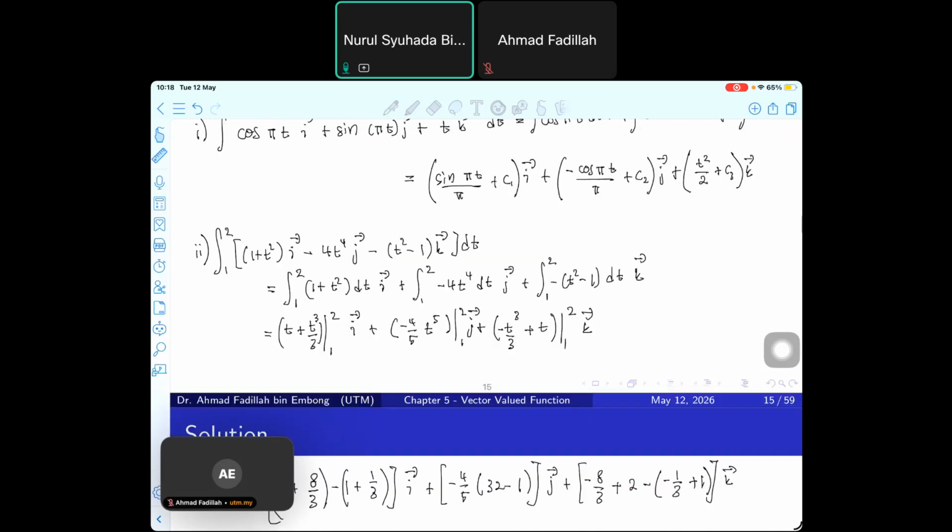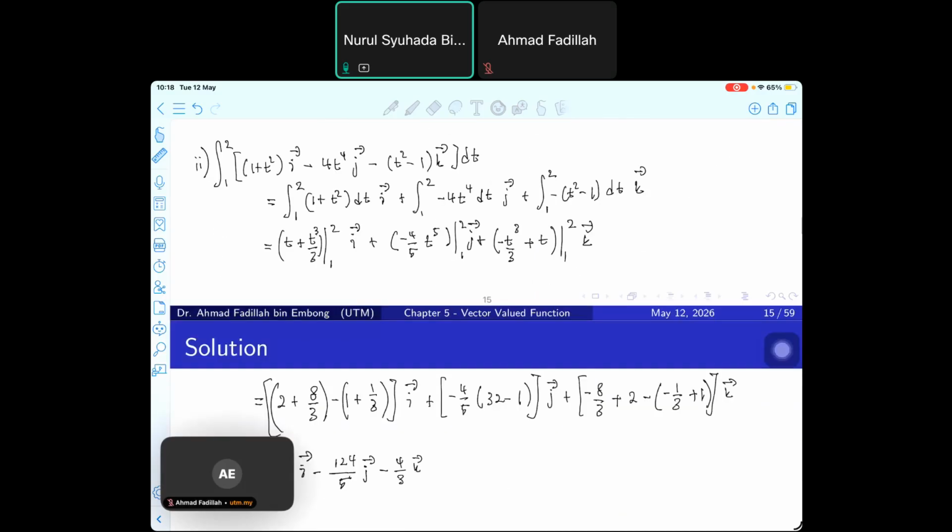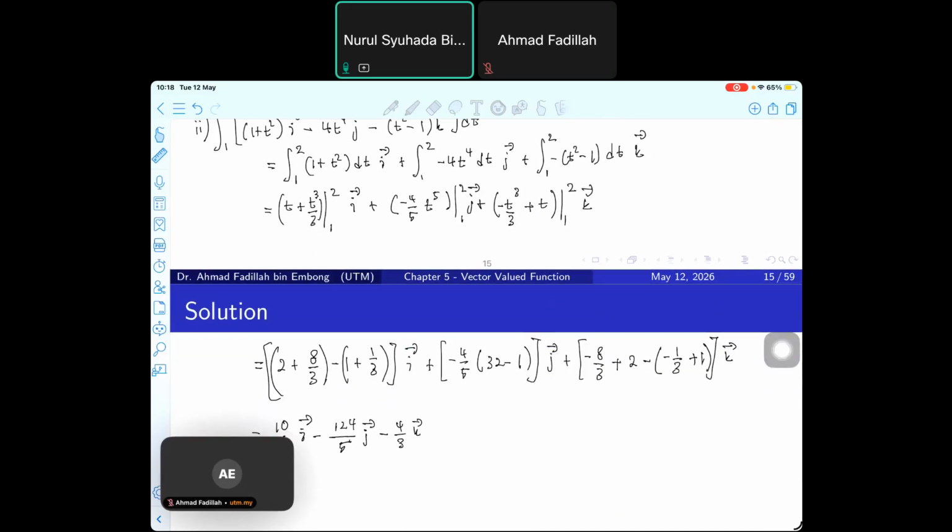Okay, so for the others, you can repeat the same thing. For example, integrating negative 4t to the power of 4 is equal to negative 4 over 5 t to the power of 5. And this part is also the same thing. So for the others, you can use the same steps as you learned previously.